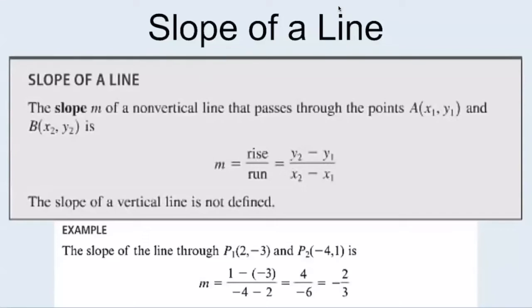So as stated on the previous slide, the slope of a non-vertical line that passes through 2 points A and B can be calculated by taking the second y variable minus the first y variable divided by the second x coordinate minus the first x coordinate. Now, of course, there are some unique cases, one of which being that a vertical line has a slope that is not defined.